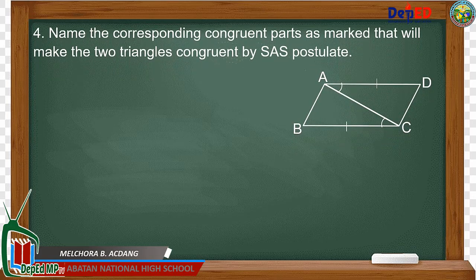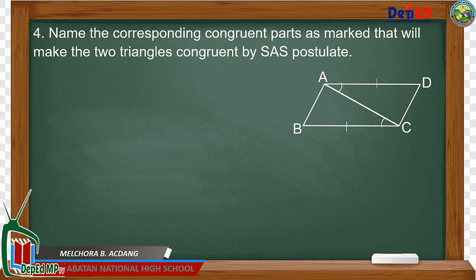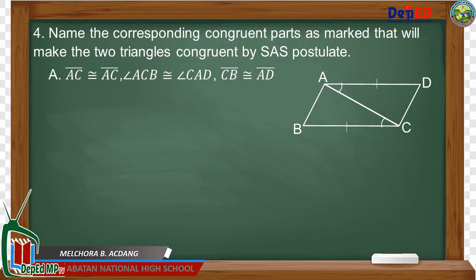Number 4. Name the corresponding congruent parts as marked that will make the two triangles congruent by side, angle, side postulate. Letter A. Line segment AC is congruent to line segment AC. Angle ACB is congruent to angle CAD, and line segment CB is congruent to line segment AD.